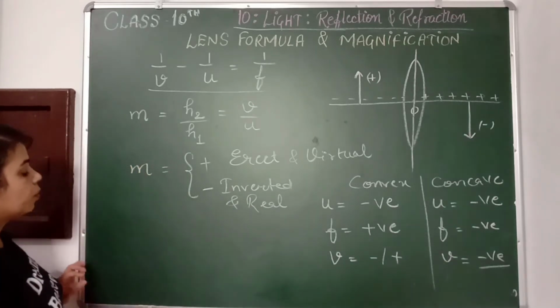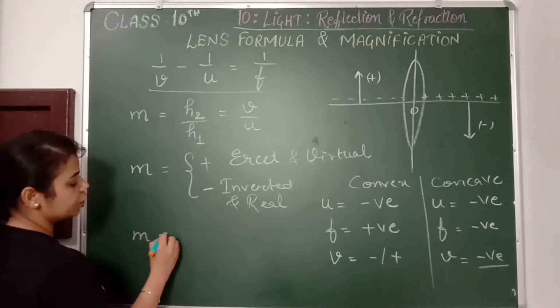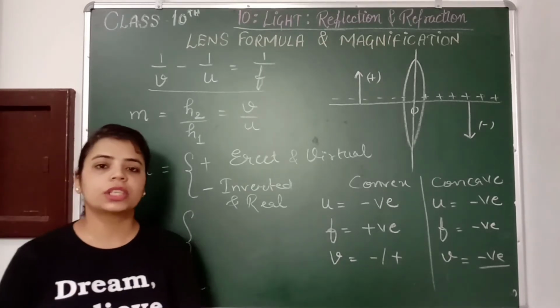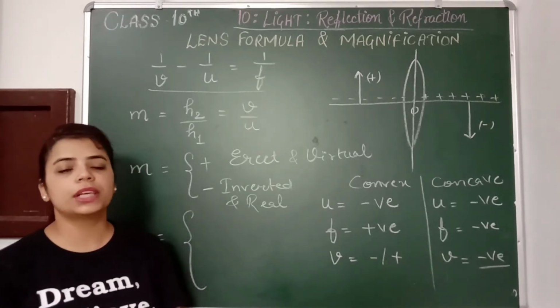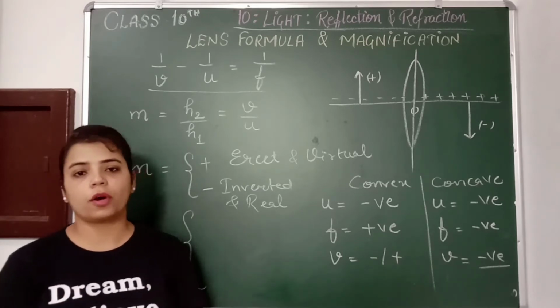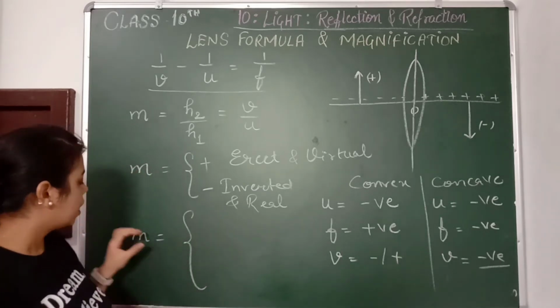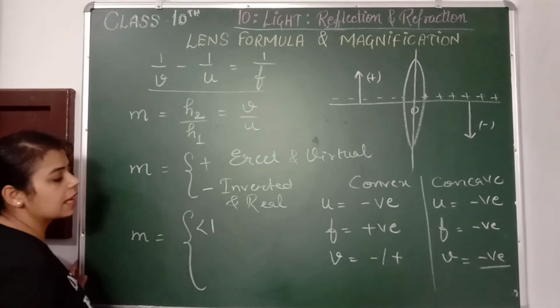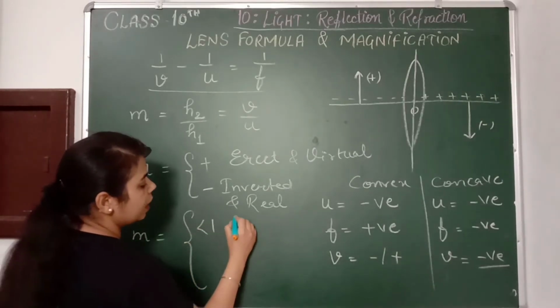And also from the magnitude of magnification we can check whether the image is diminished, it is equal to the size of object, or it is enlarged from the object. If the magnitude of magnification is less than 1, then image formed would be diminished.